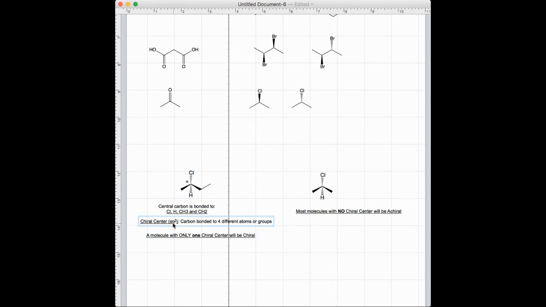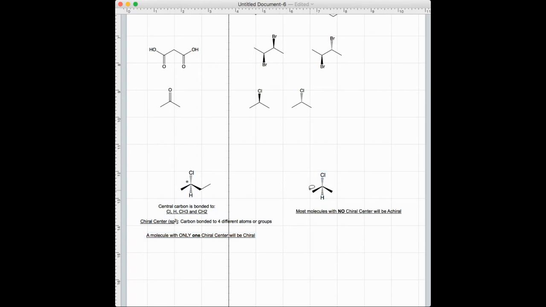Those are considered chiral centers, and then you can place a star symbol next to it. This molecule here only has one chiral center. Therefore, the molecule could be considered as chiral.